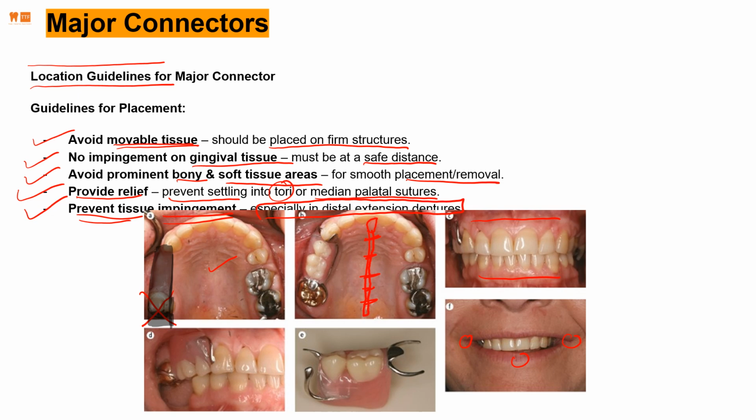That makes this posterior area only supported by tissues, no teeth. So tissue only. And that is a distal extension case. So we must prevent tissue impingement in this area. That's what it's trying to say.